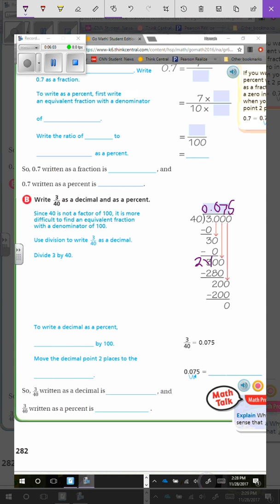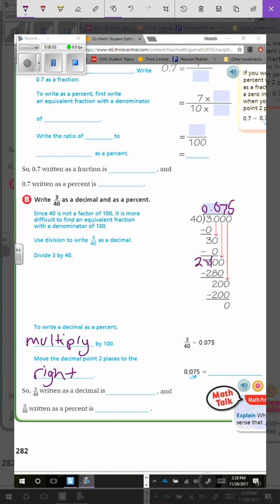So to write a decimal as a percent, we talked about how we need to multiply by 100. So we're going to move the decimal point 2 places to the right to turn that decimal into a percent.